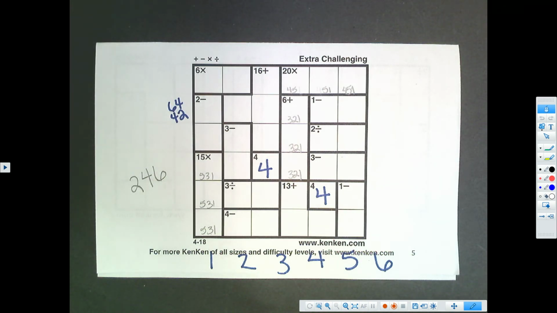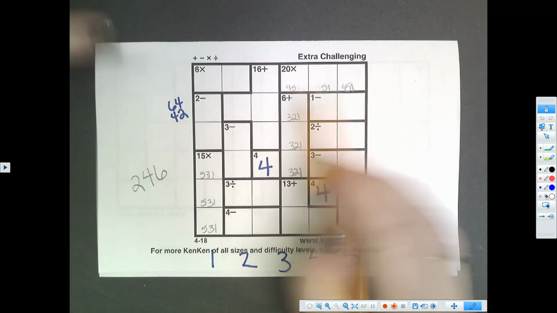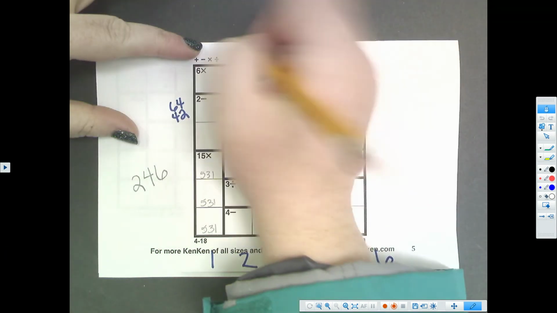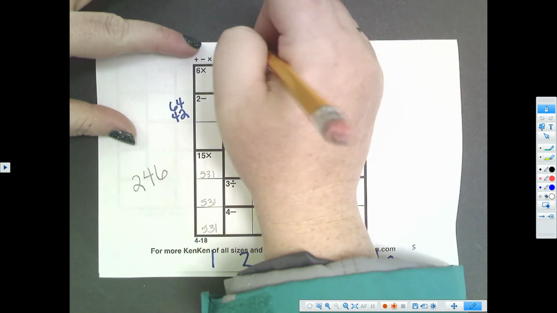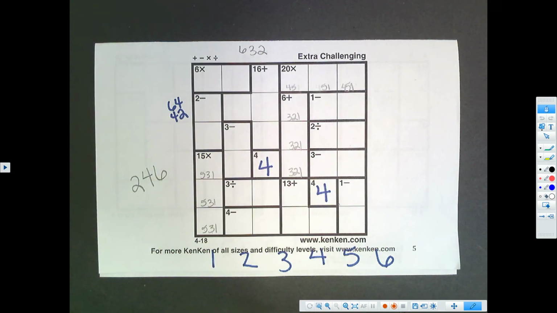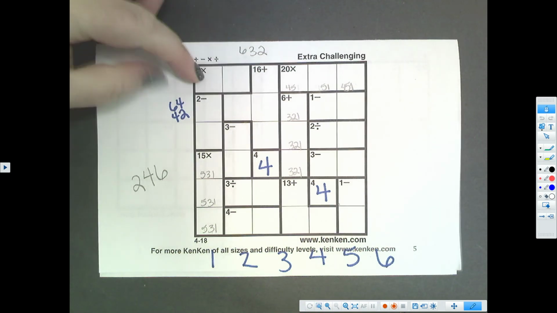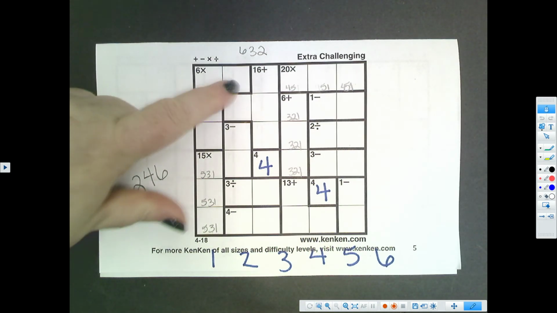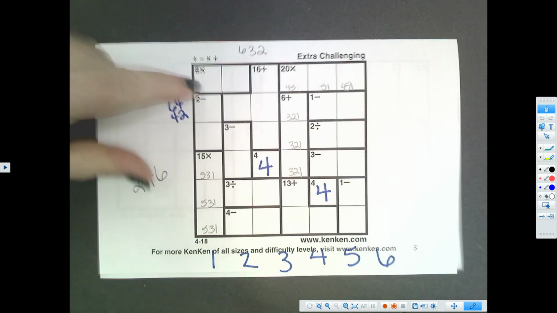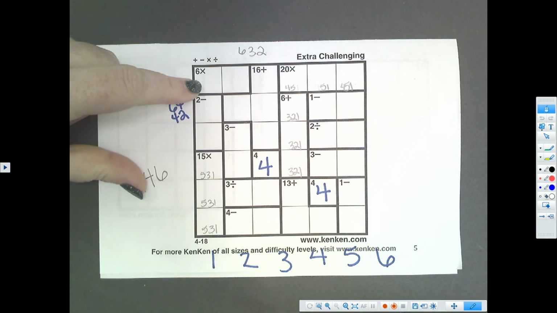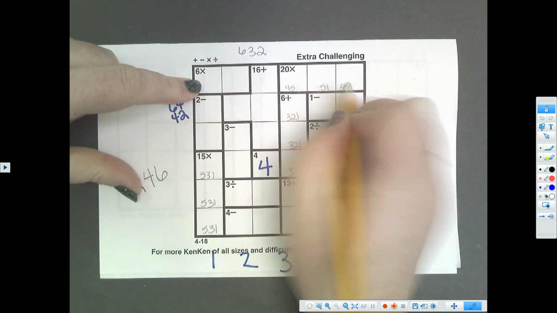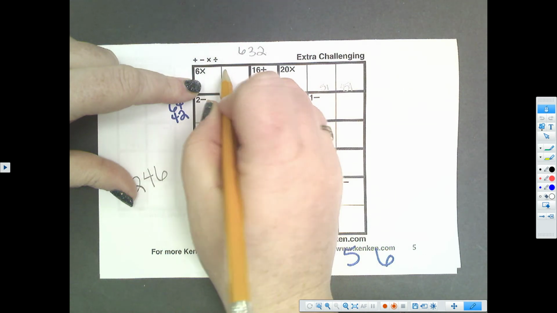All right, looking for more places to look. 1, 2, 3, 4, 5. So 6, 5, 4, 3, and a 2. Because I cannot put a 1 in this box, this cannot be 6 times 1. I already have a 1 over here, so I can't put a 1 in this box.